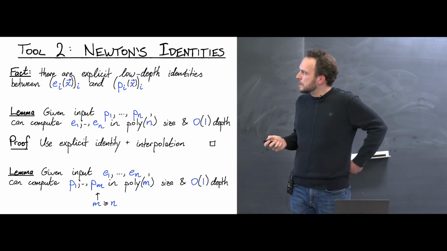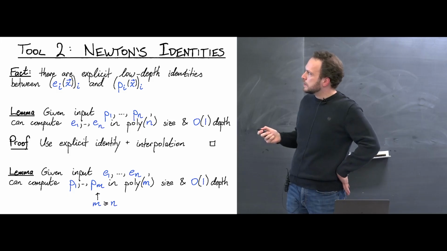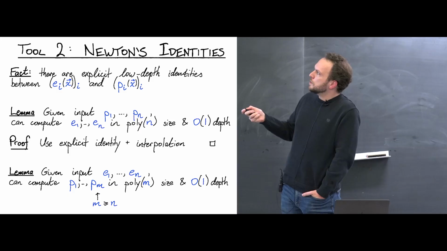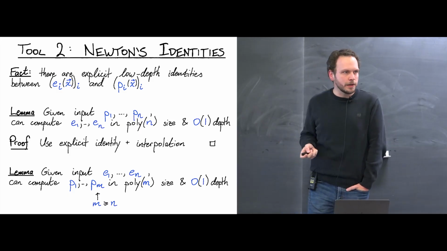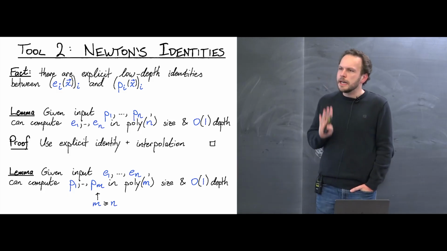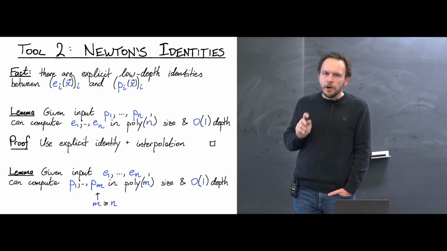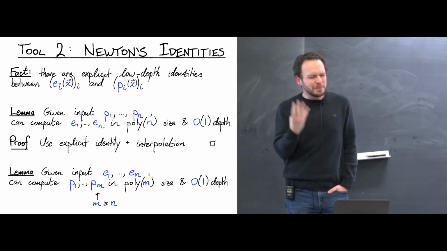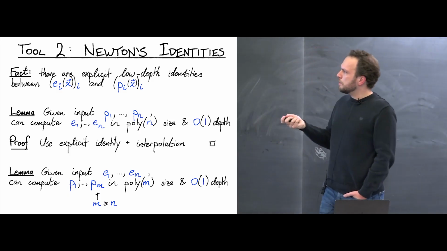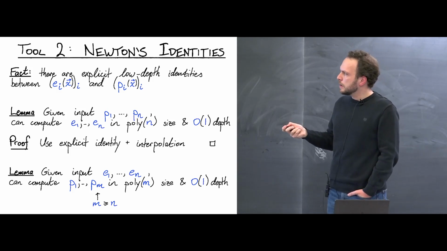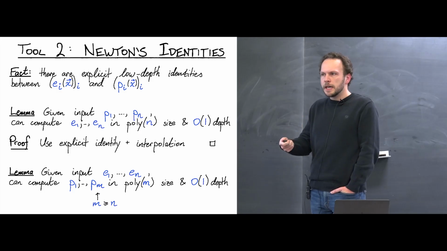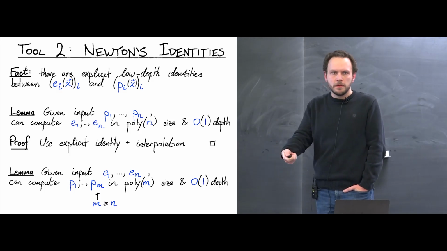The point is there is a family of explicit, low-depth identities between these families of polynomials, sometimes called Newton's identities or the Newton-Girard identities. Their specific form is really not important for this talk. All that matters is that they're explicit and low depth. What I mean is, if I give you as input the power sums, you can compute the elementary symmetric functions in polynomial size and in low depth.